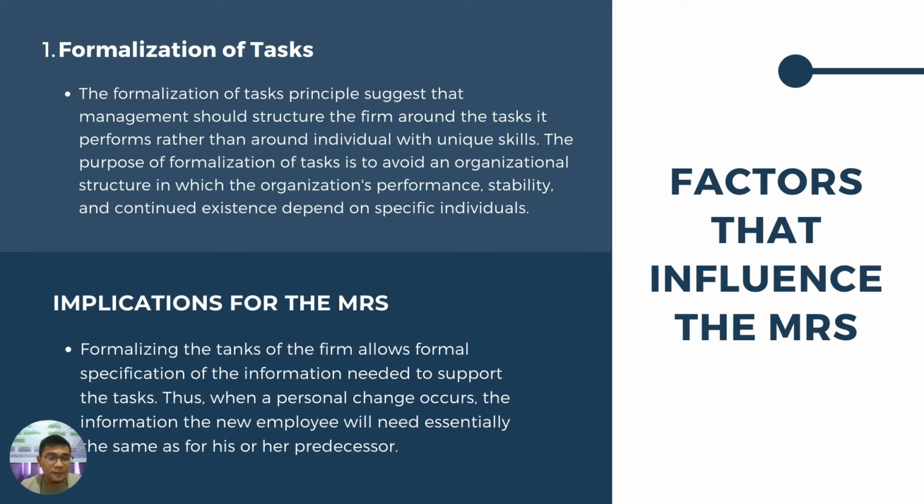And the purpose of formalization of tasks is to avoid an organizational structure in which the organization's performance, stability, and continued existence depend on specific individuals, or like the boss, the leader. The organizational chart in figure 8-14 will show you some typical job positions in a manufacturing firm.